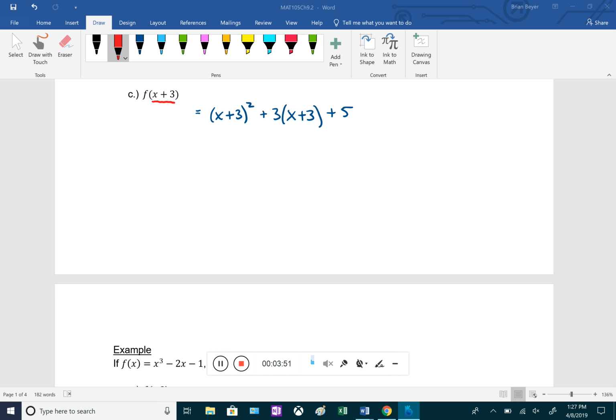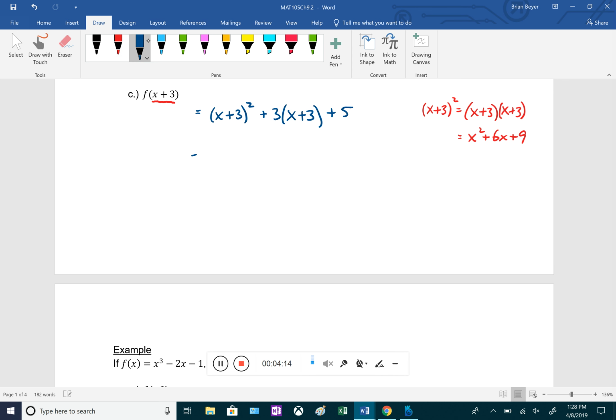Okay, so what we have to do is we actually have to expand out the x plus 3 squared and then distribute that 3 in the second big term. So x plus 3 squared, hopefully we can do that in our head. If you can't, you have to write it out like this. And then you have to distribute, or FOIL. We would get x squared plus 6x plus 9.